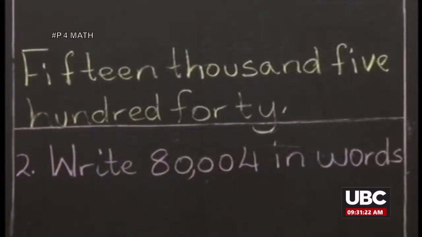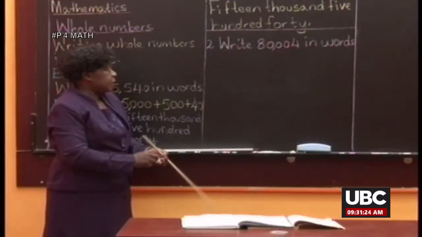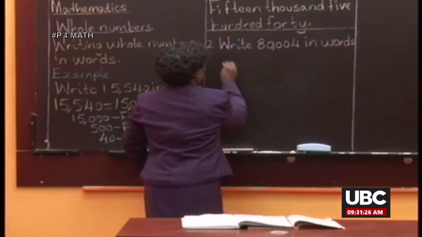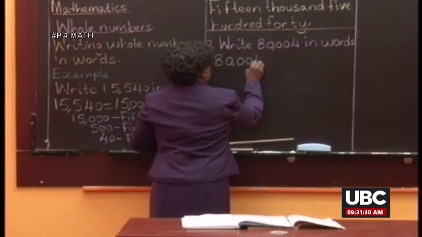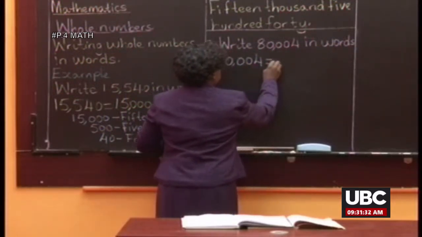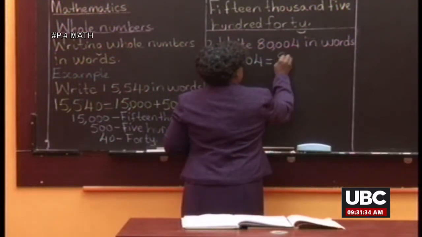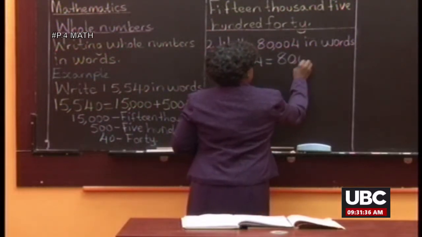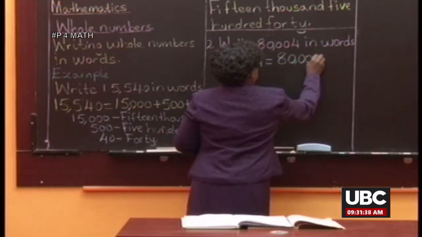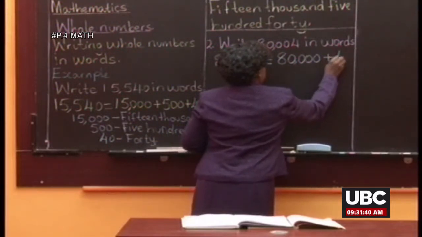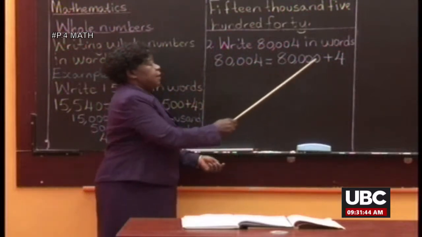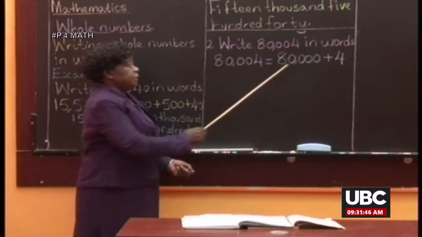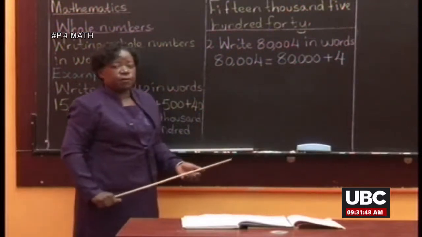So write it in words. Expand it first. It is 80,000 plus 4.